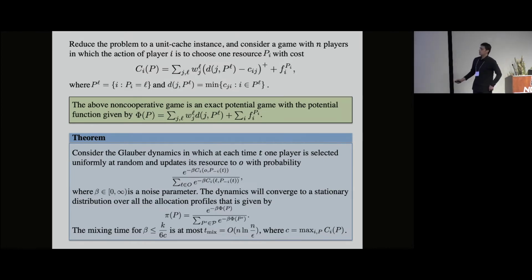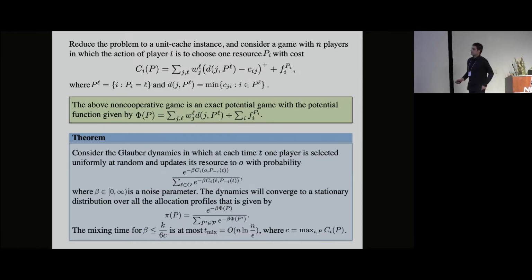At each time t, one player is going to wake up, and it's going to update its resource to some resource O with a probability which is proportional to the exponential of the utility that you can obtain by caching resource O. Okay? So if a resource is bringing more benefit, we are most likely going to cache that resource. And with, of course, some noise parameter beta.